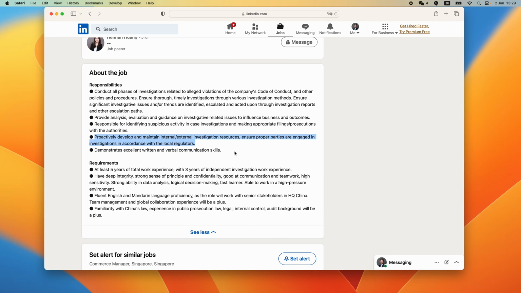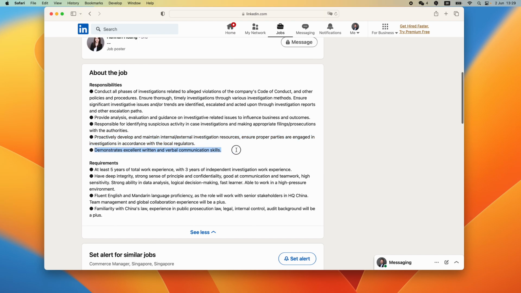So maybe this is about the organization ability for the applicants, for the candidates. You must organize internal and external resource involved and engaged into the investigation to complete the key issue. Okay, and let's see the next.